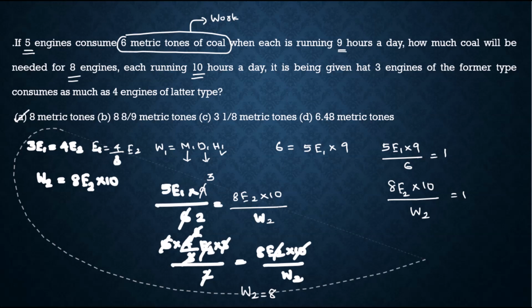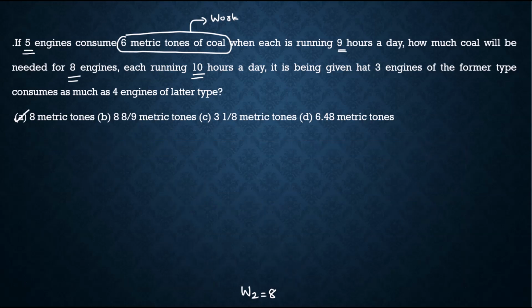What is the need of this many steps? We can skip. We can solve this particular question in one single step itself. How? Fundamentally, we have an equation M1 D1 H1 divided by A1 equal to M2 D2 H2 divided by A2.